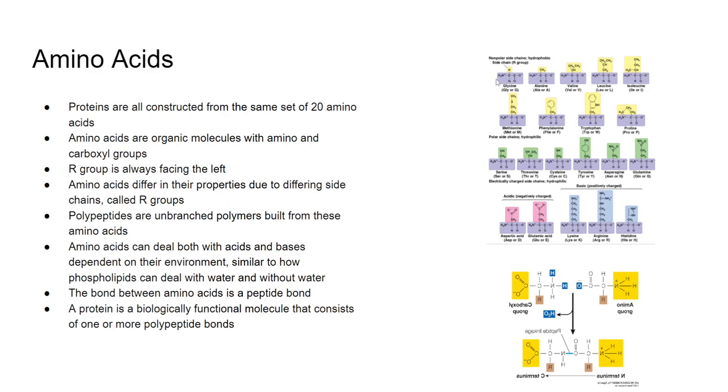So the amino acids generally have the same structure, but the one thing that sets them apart from each other is their side chain, their R group, right? For example, glycine has an H as its R group, but if we were to look at something like alanine, it would have CH3 as its R group. So each of these amino acids has a different type of R group, which sets them apart from one another.